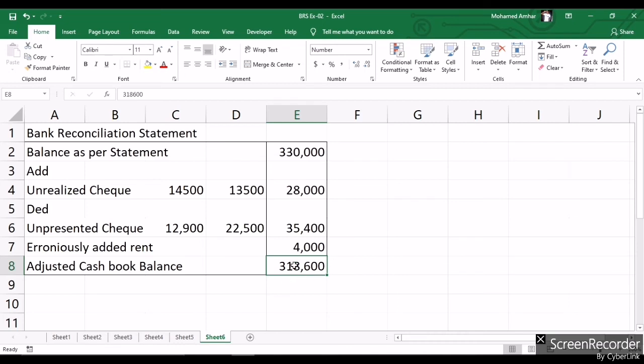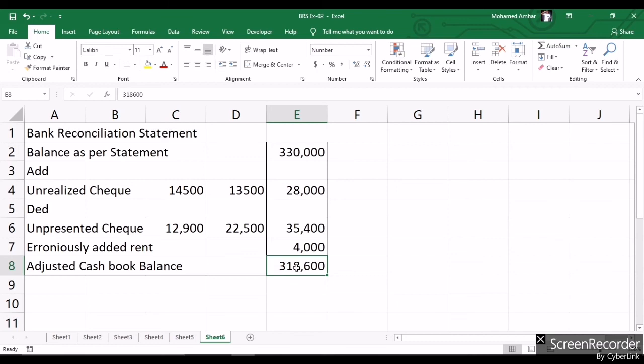So in the cash balance, as those two checks were issued, the cash balance would be less than the bank balance, because the bank has not yet paid money for those two checks, so the bank balance is more.